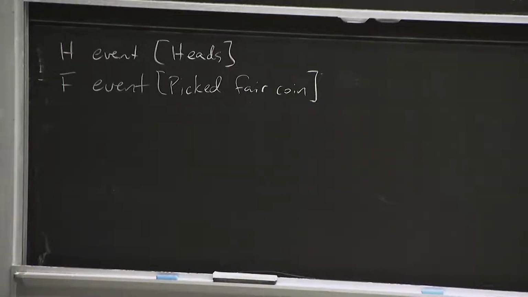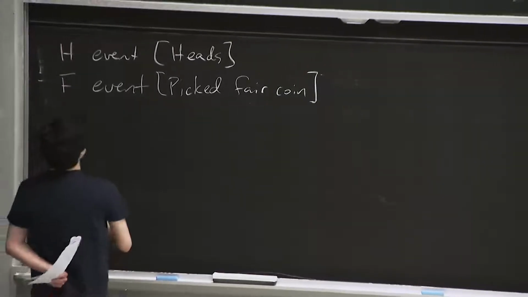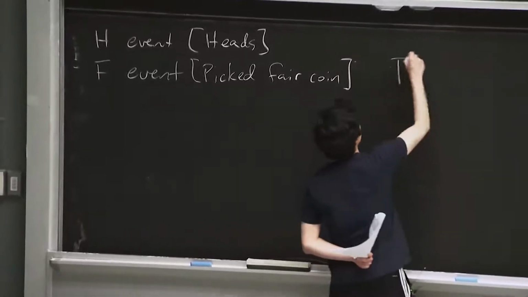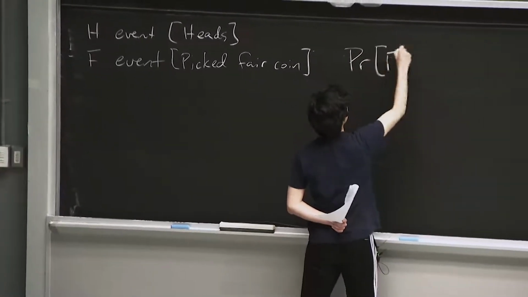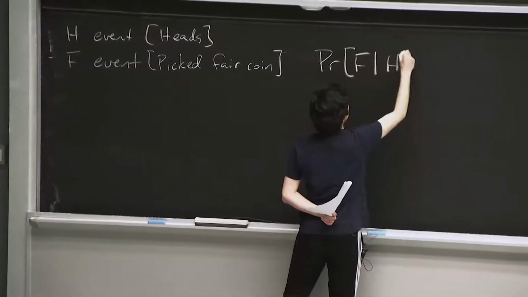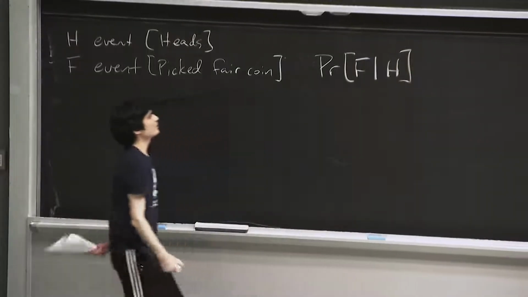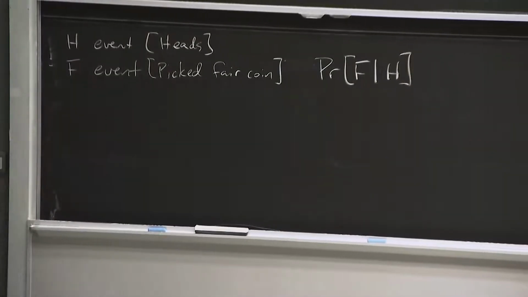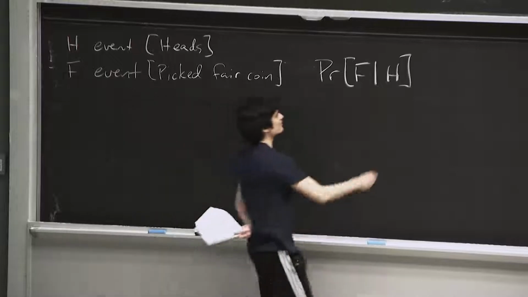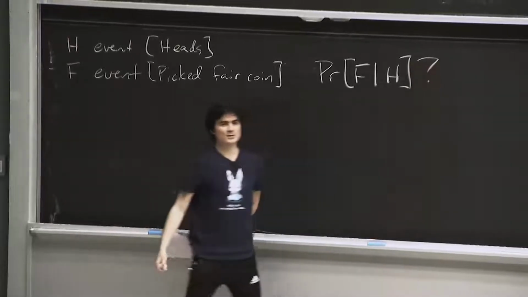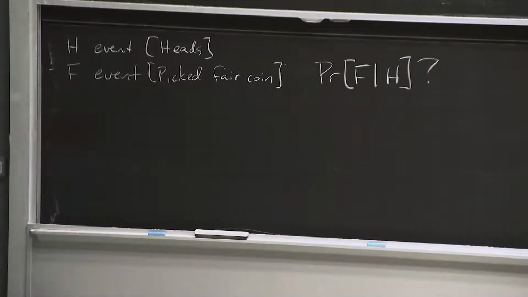So what is the probability that we're trying to compute in terms of these two quantities? Probability of F given H, yes. So how might we compute this? People didn't seem too enthusiastic about the tree diagram, so what else could we do instead?